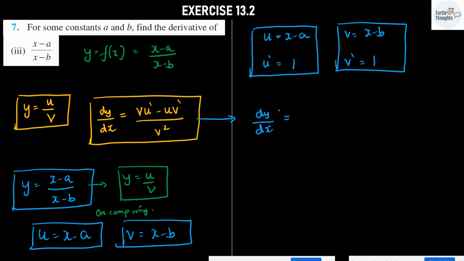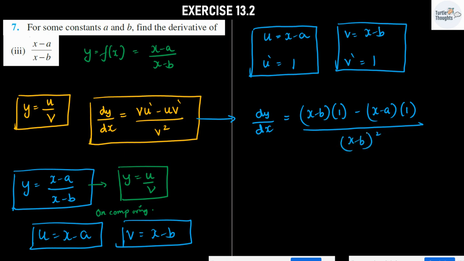dy by dx is equal to v multiplied by u dash. v is x minus b, multiplied by u dash, which is 1, minus u. u is x minus a, multiplied by 1, whole divided by (x minus b) whole square. dy by dx can be written as, when I multiply, I get x minus b, here it is minus x, minus of minus a is plus a.